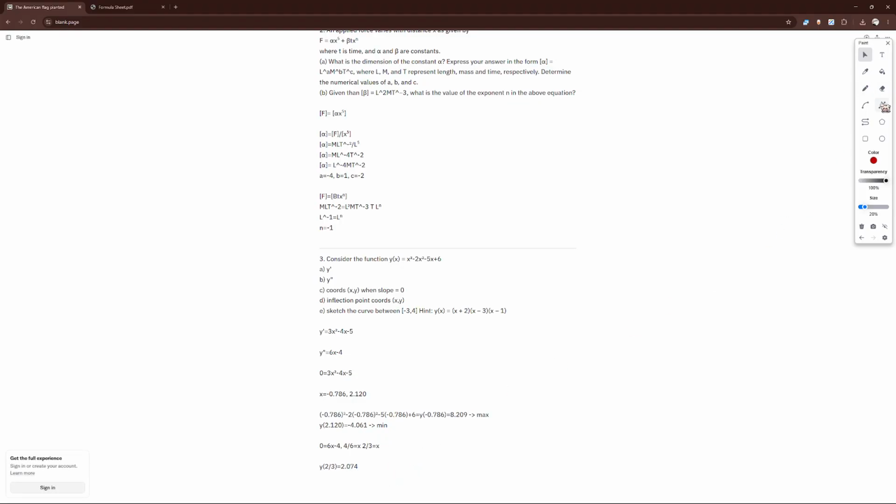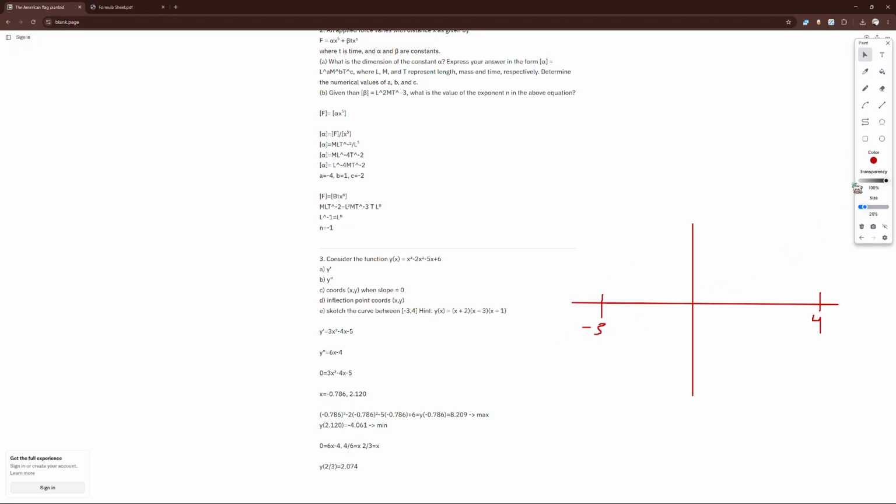And now we're on to E, sketch the curve. Okay, I need to center this better. Here we go. We need to go from -3 to 4. So arbitrarily 3 is there. That's supposed to be a negative. -3 is there. Okay, so you're drawing this.